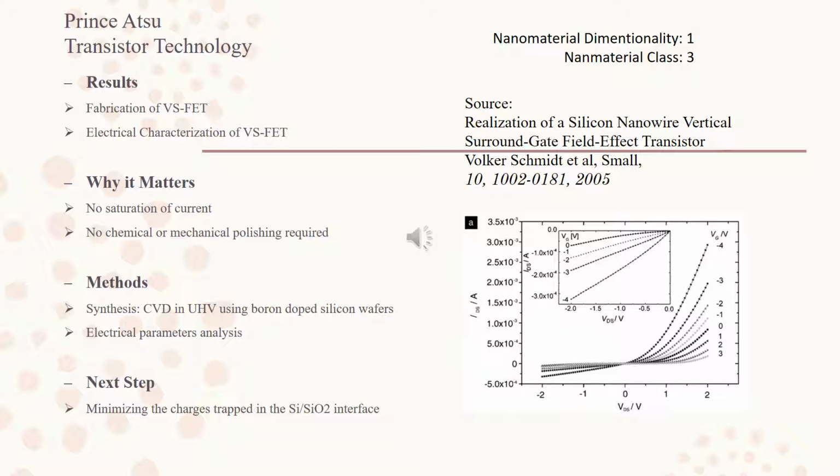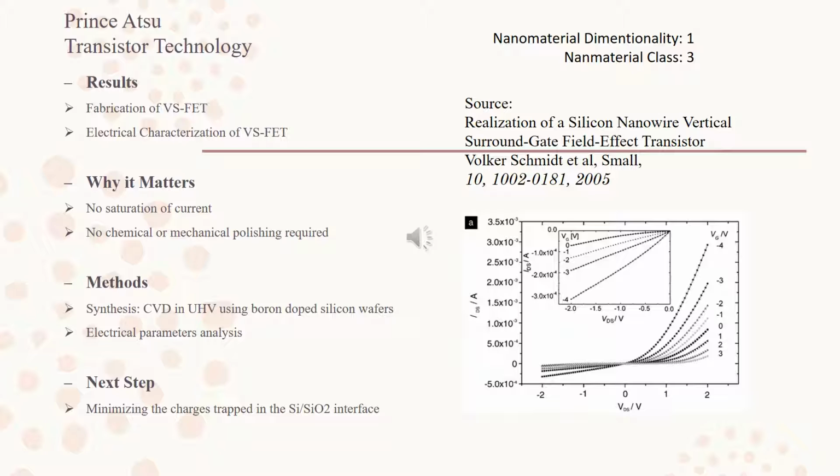So with the electrical analysis of this particular device, this transistor device, the diagram in the presentation shows the output characteristics of an array of the VS-FET for different gate voltages.